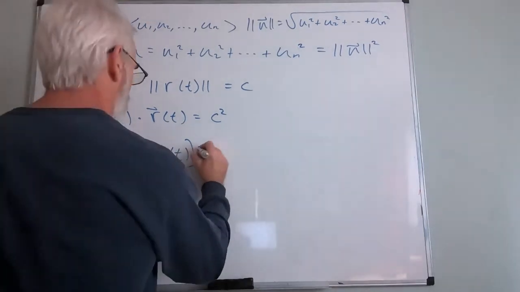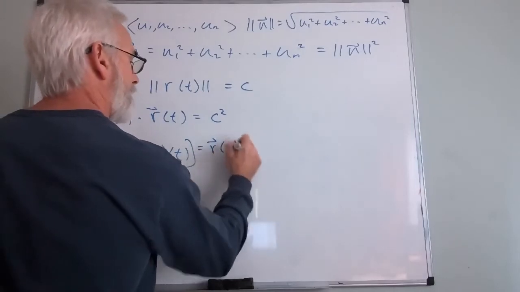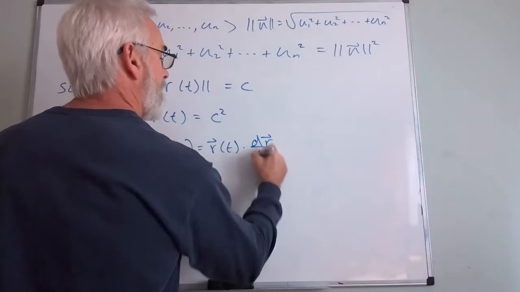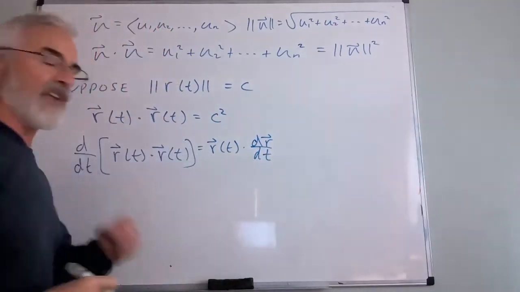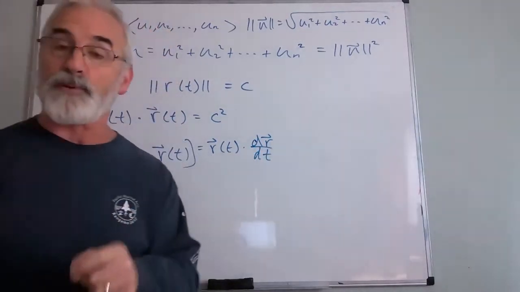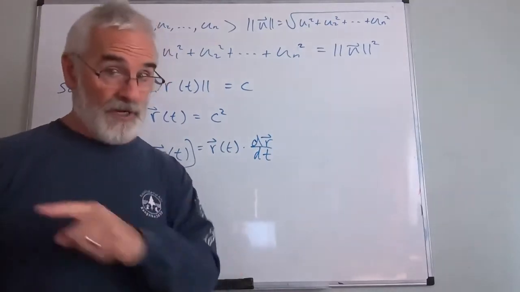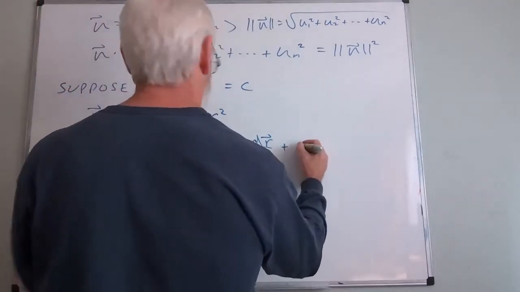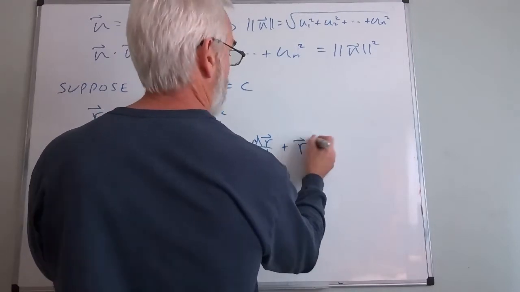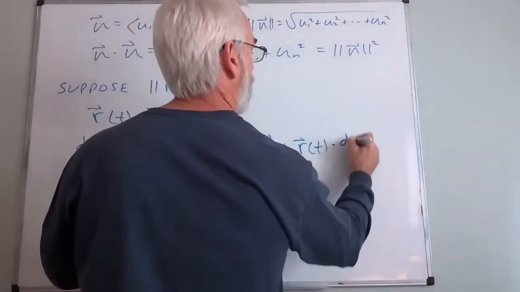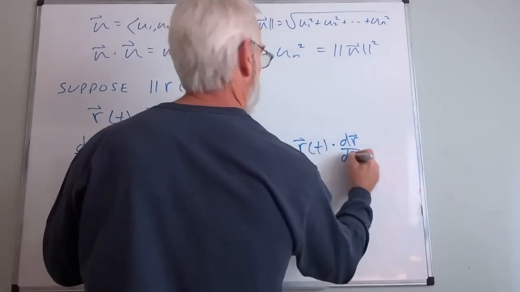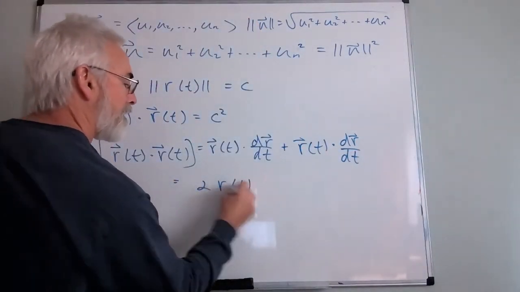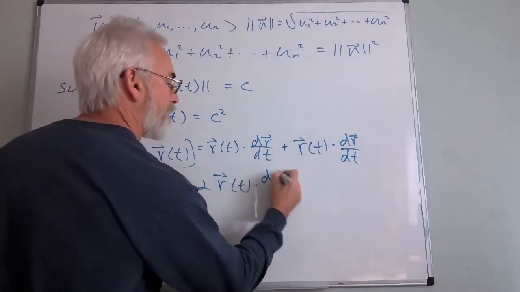So that would be the first dotted with the derivative of the second. Now, the reason that I can say second dotted with the first is because dot product is commutative. Cross product is not, but dot product is. So it's totally okay to write the second, which of course is r(t), dotted with the first. And this result would be then 2 r(t) dotted with dr/dt.